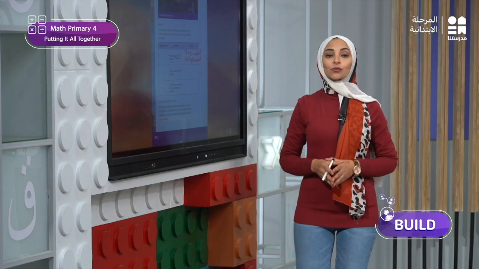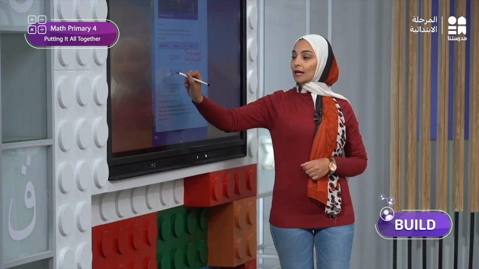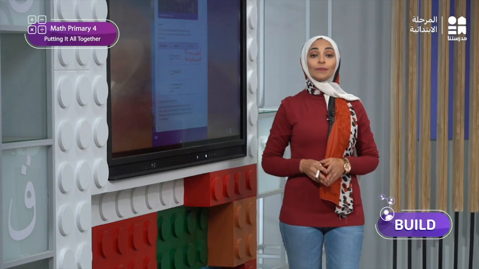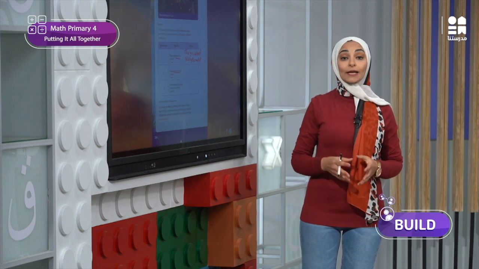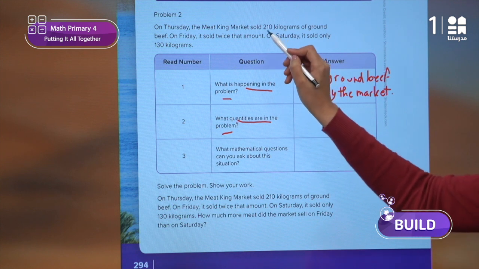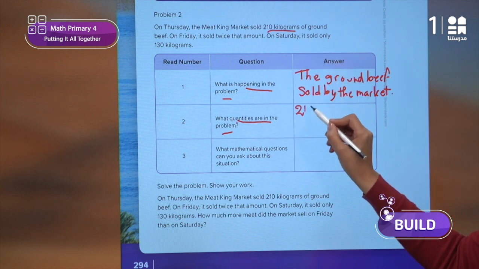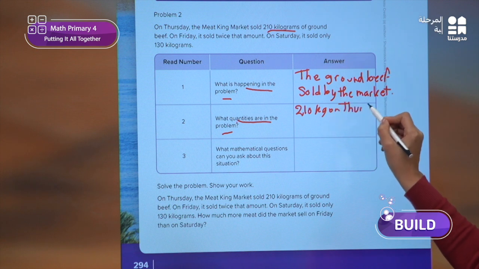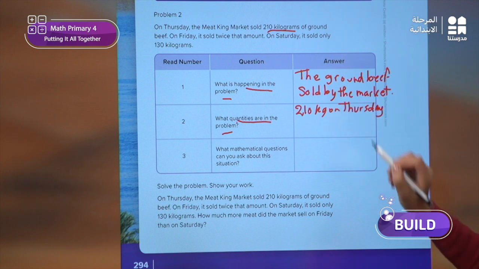Now we need to answer the second question, which asks me about the quantities in the problem. The answer will be it sold 210 kilogram on Thursday, right? So he sold 210 kilogram on Thursday. Right? This is the quantity. And what else?